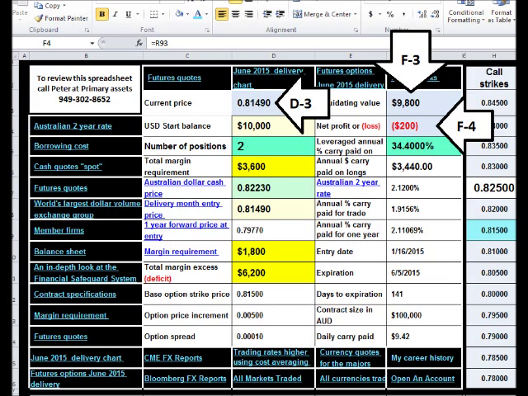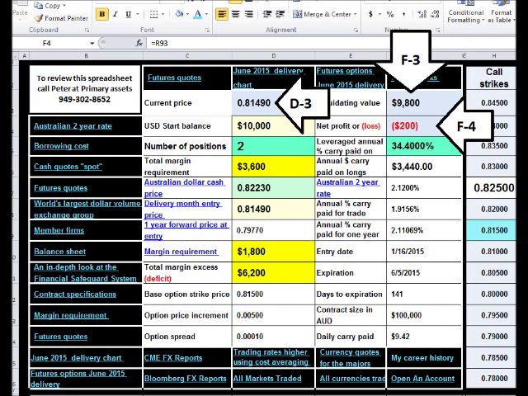Let's assume there is no carry, and the market stays exactly the same at 81.49 for the entire duration of the trade, from January 16, 2015 to June 5, 2015, or 141 days. Enter 81.49 and sell D3. Again, 81.49 and sell D3.